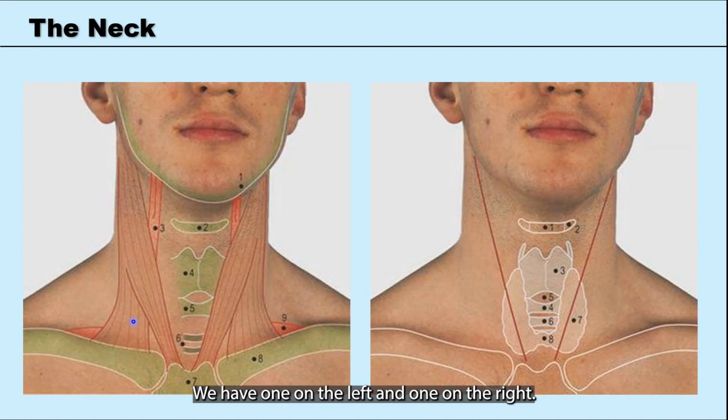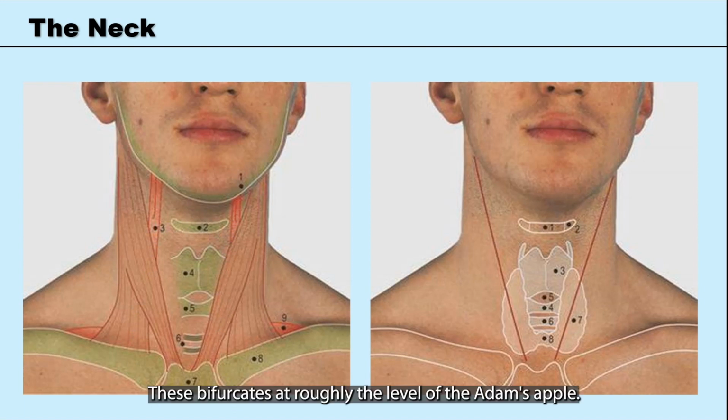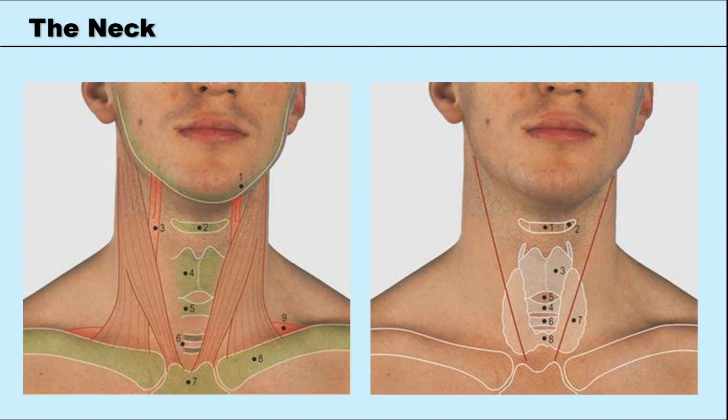We have one on the left and one on the right. These bifurcate at roughly the level of the Adam's apple. So the Adam's apple can be a good landmark when assessing blood supply to the head and the neck. This is where the common carotid artery splits into the two branches.